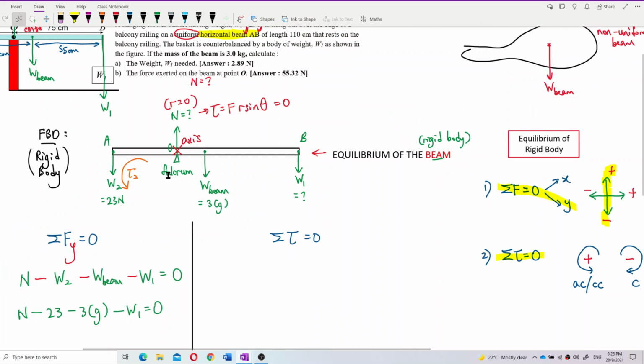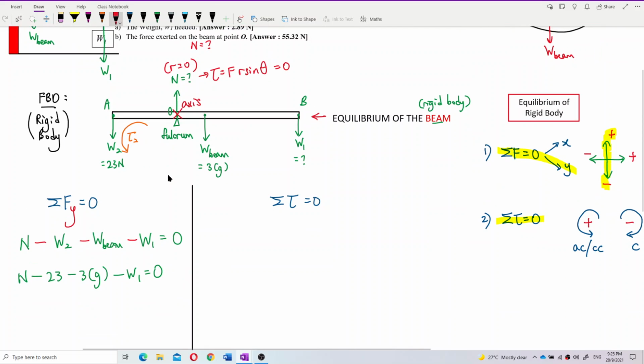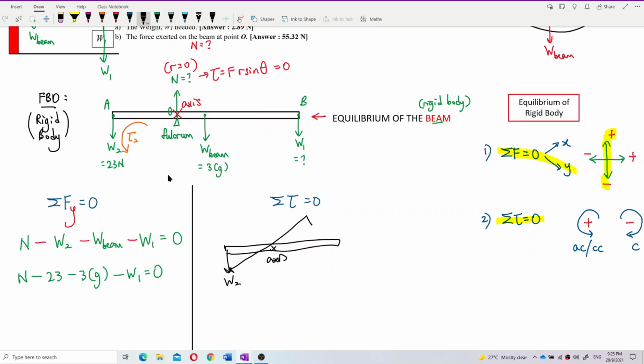So this torque 2 by weight 2 will make the object rotate anti-clockwise. You can imagine it like this. This is the axis of rotation. Initially it's like that. When you pull over here with W2, it becomes like that later on, and then like that. You see that?